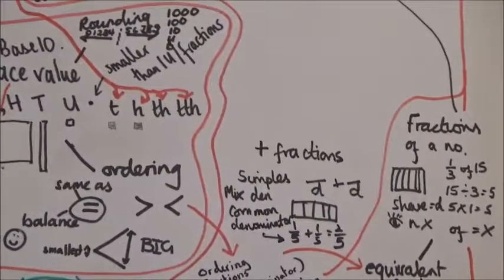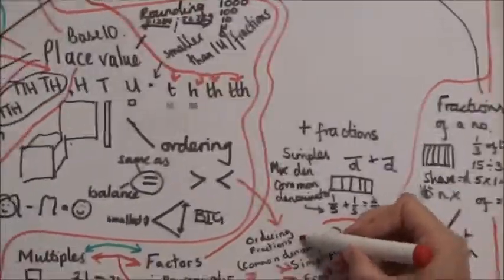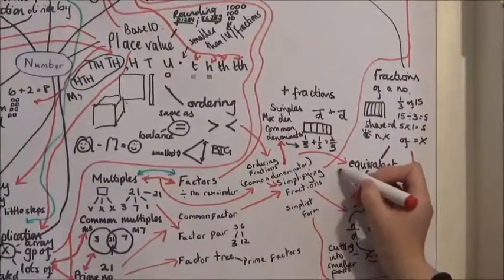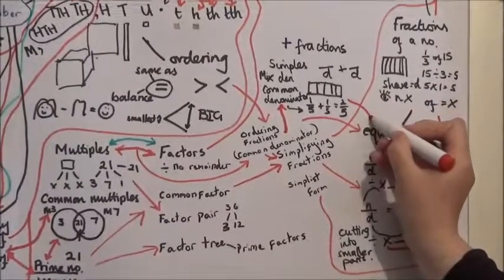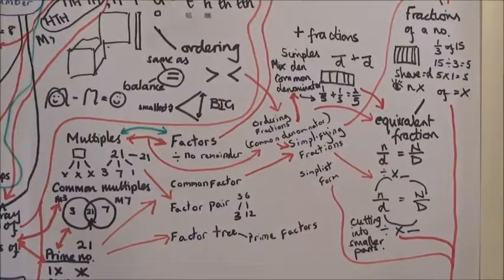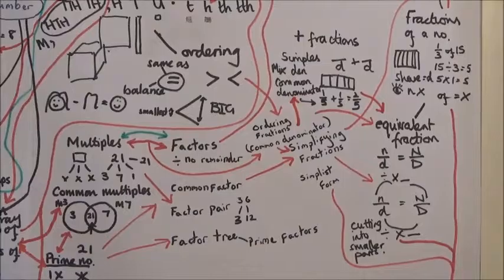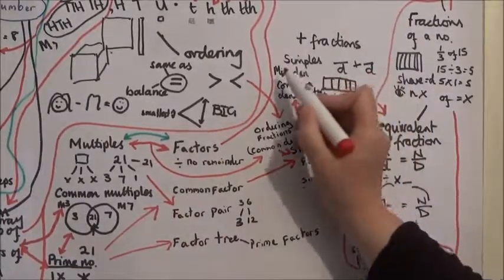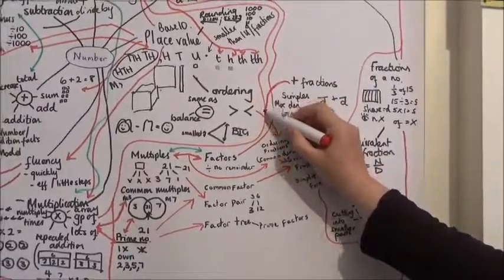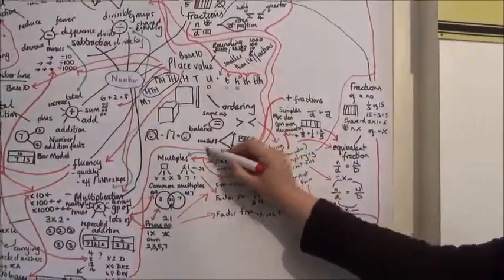What learning did we get from this? Again, we had to use common denominator understanding, which is the same as equivalent fractions. And we needed to use our understanding of addition, which is all the way over there, which I think I'm going to have to come around here.